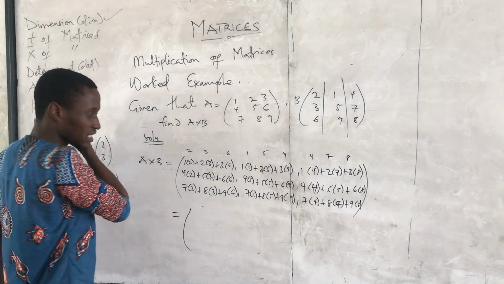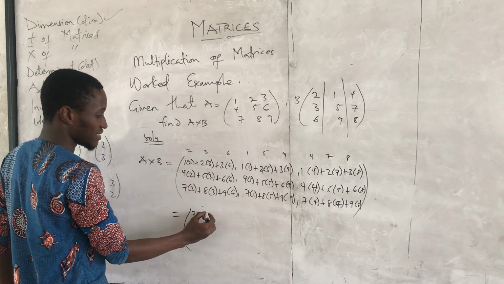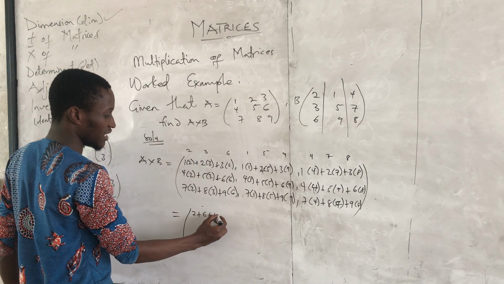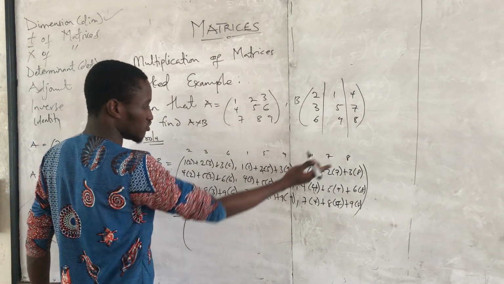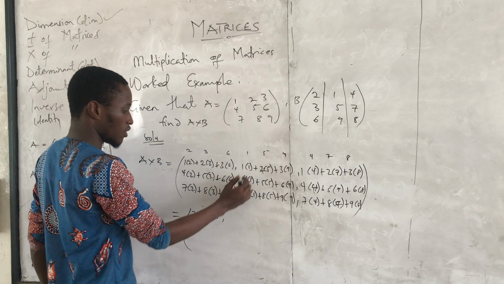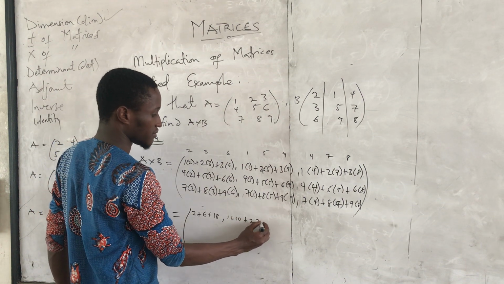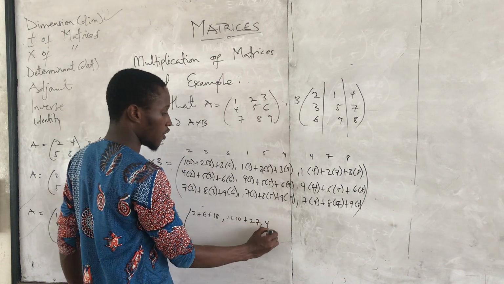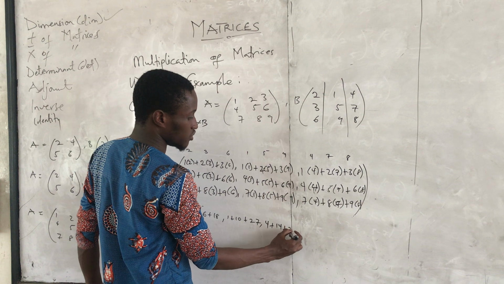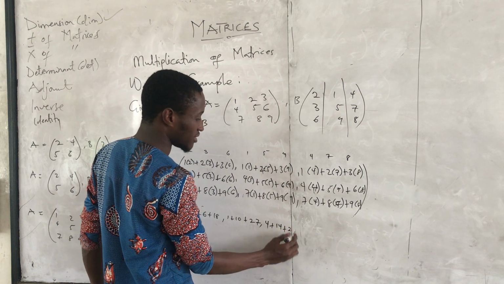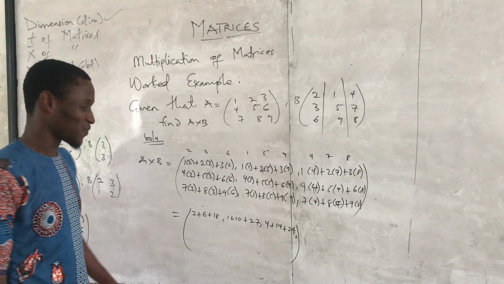Now, this means 2 plus 6 plus 18. You can try and do the upper ones first. Comma, 1 plus 10 plus 27. Comma, 4 plus 14 plus 24. I don't know if I'm right. 3 times 8, 24.